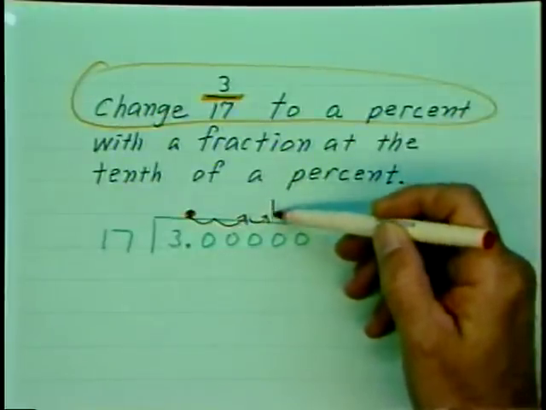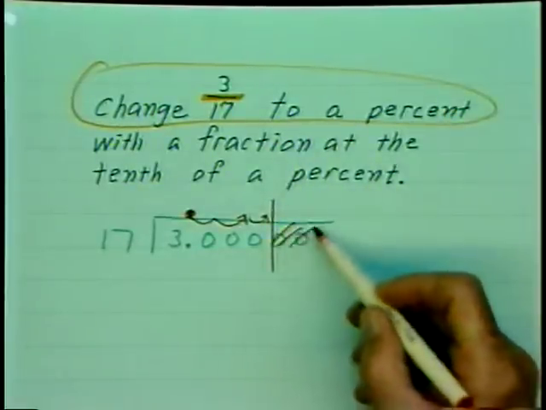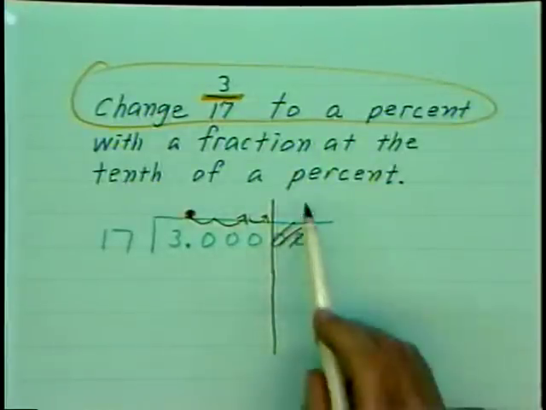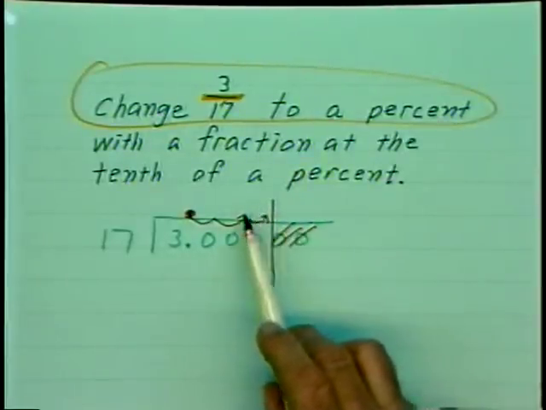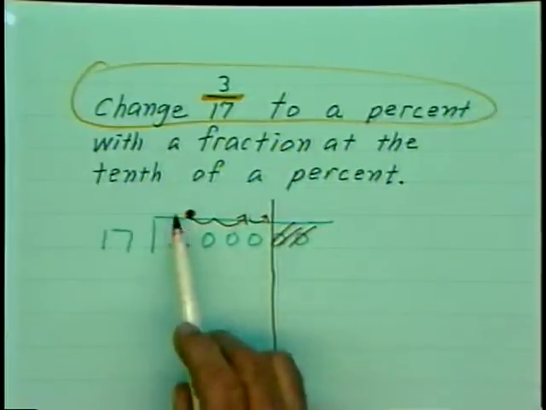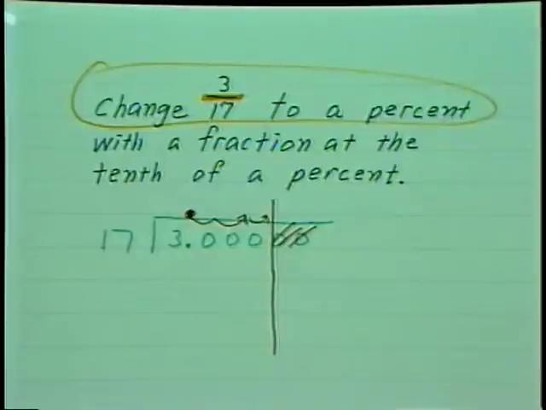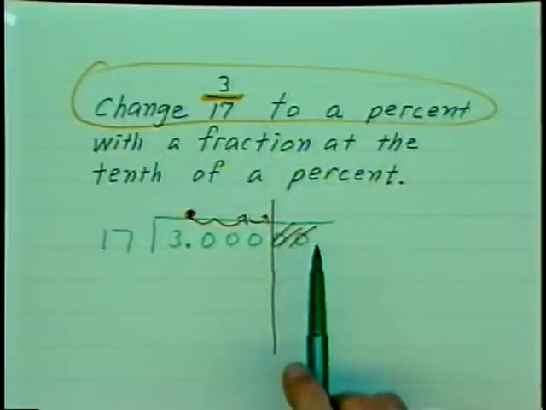At that point I want to quit and take the fraction, which will actually be at the thousandth of the original decimal. Do you see that? It can be very confusing if you're not thinking very slowly, carefully, and methodically.